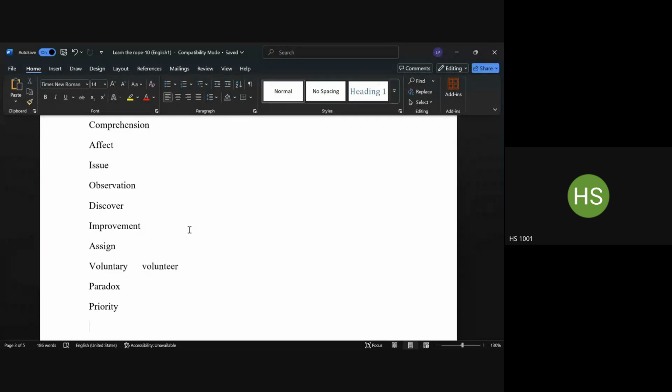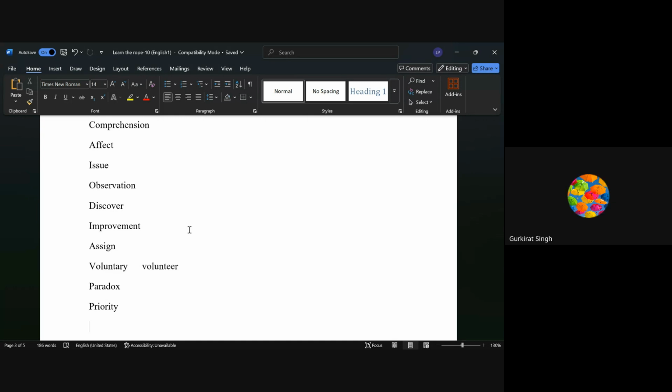Affect. Affect is a verb. Second. Right. And then comes issue. Issue can be both a noun and a verb. If it is used as a noun, then we mark it on the first syllable.